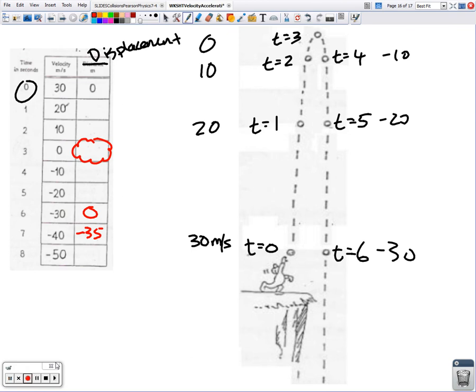What did you do? Wait, why are we using the average? Oh. Average.